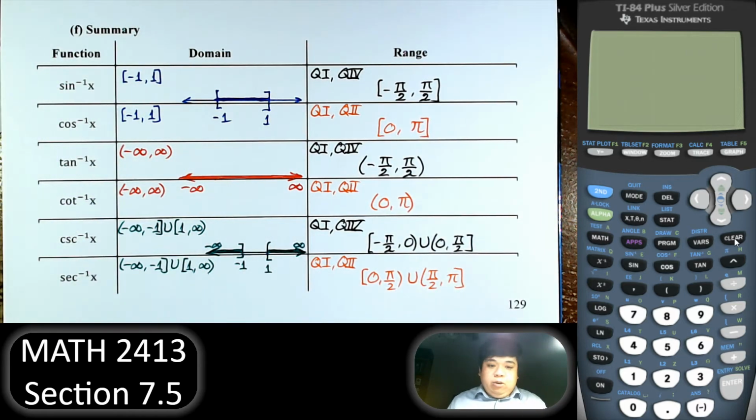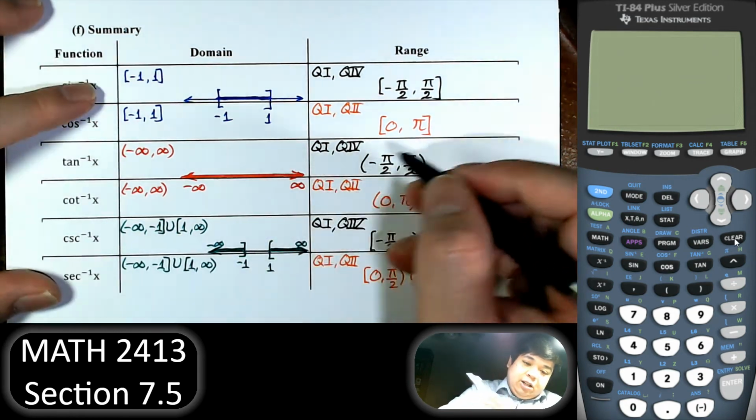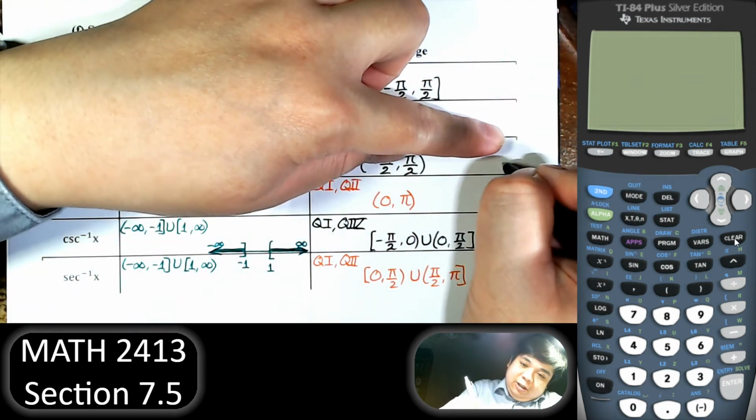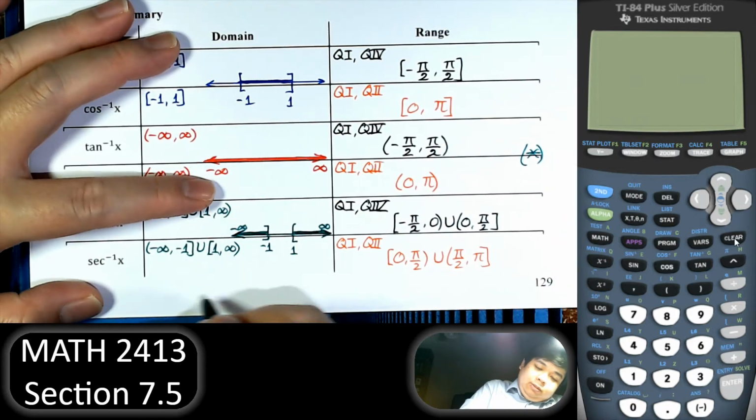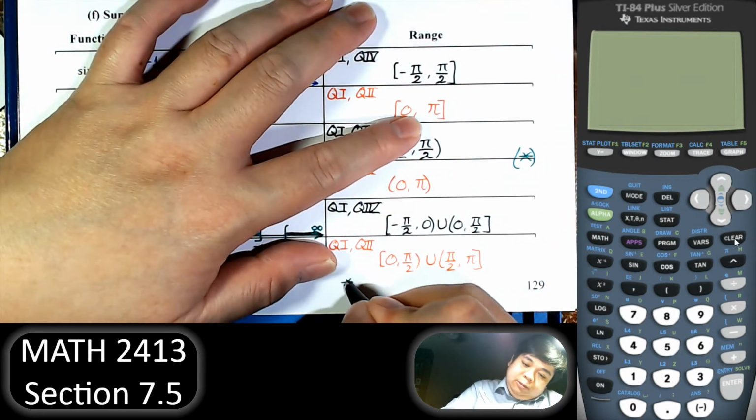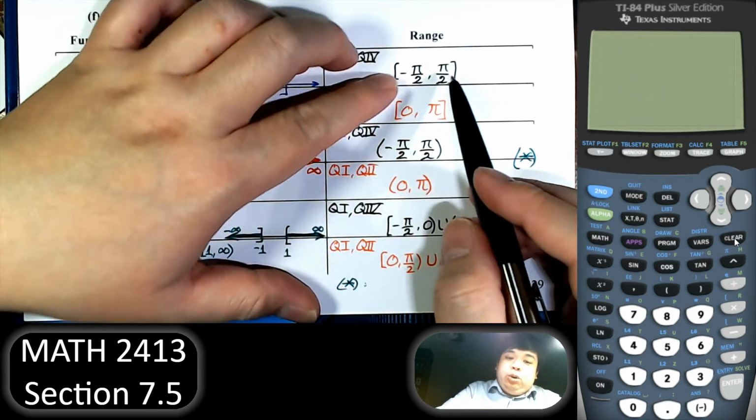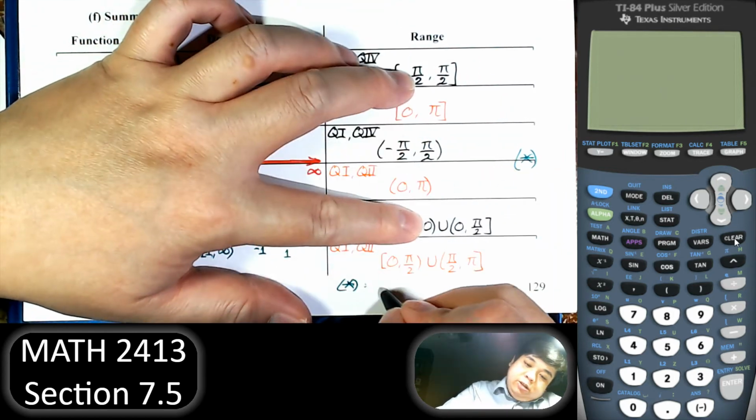So write a little note here. Tangent and cotangent, for those two, similar to that, but no endpoint.